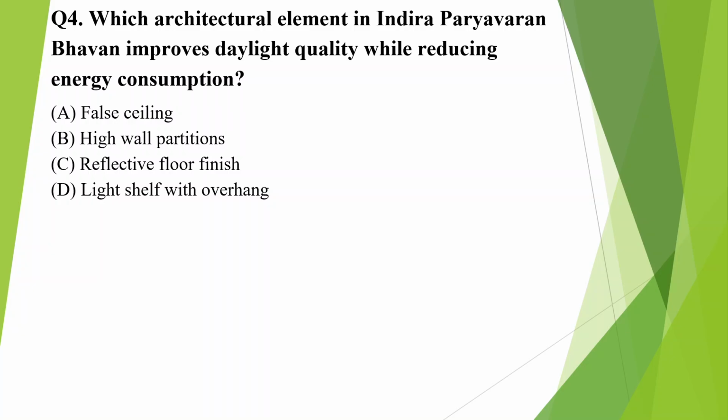The option D, light shelf with overhangs, is the correct answer because the combination of this light shelf with overhangs will be reflecting the daylight deeper, and that will help you to control the glare, enhancing both the comfort and the energy performance that was asked in the question. So the correct answer is option D.